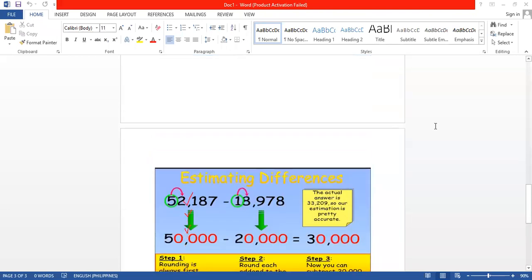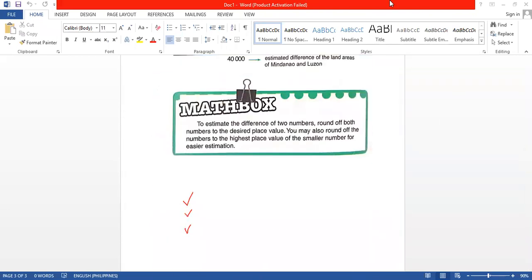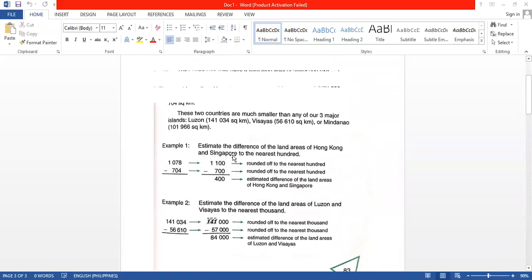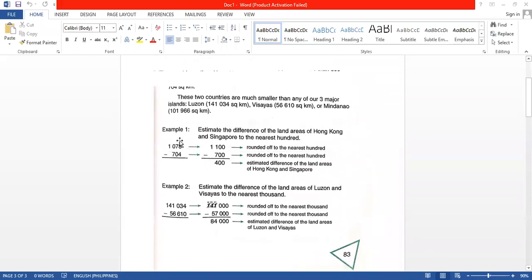You can see here also in your book, if you're going to open your book. I took a screenshot of your book. We're going to remember how to estimate numbers here. We have here example number 1. Estimate the difference of the land areas of Hong Kong and Singapore to the nearest 100.